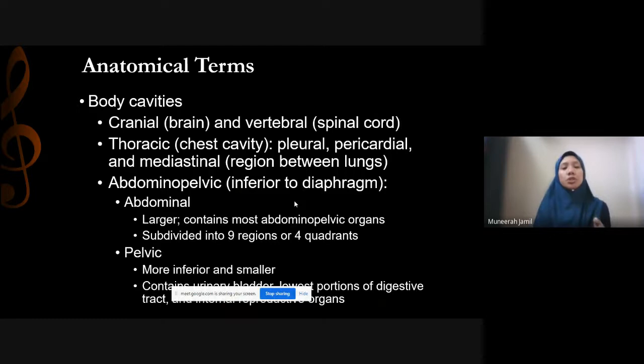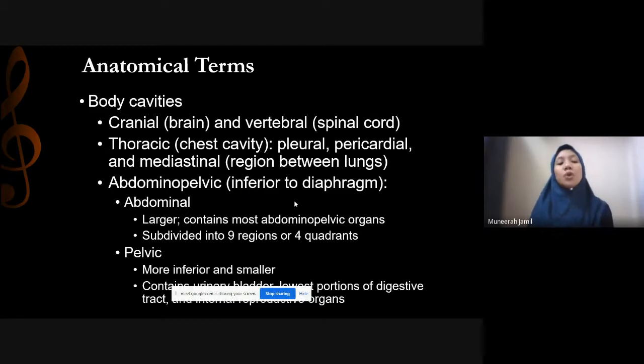Contohnya, kita ada yang kita panggil sebagai cranial and vertebral cavity. Dalam cranial cavity, kita hanya ada brain sahaja. Manakala dalam tulang belakang kita, vertebral cavity, kita hanya ada spinal cord.